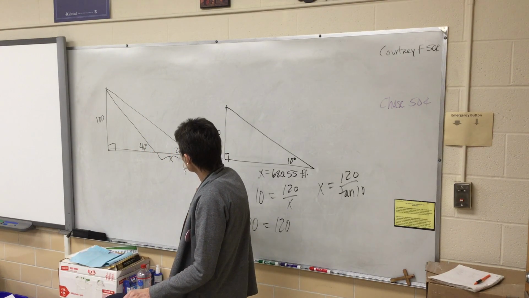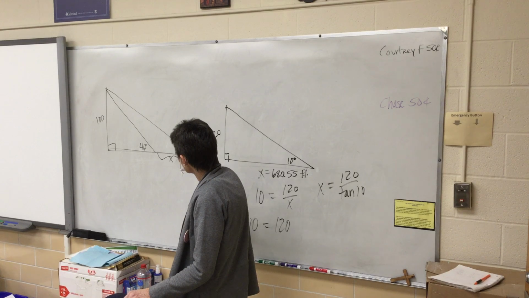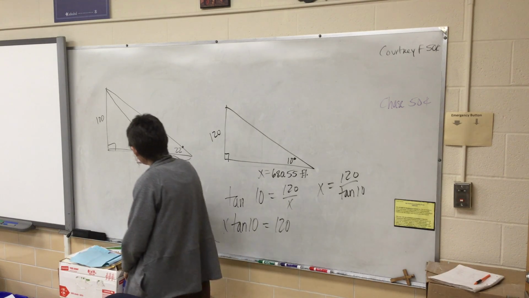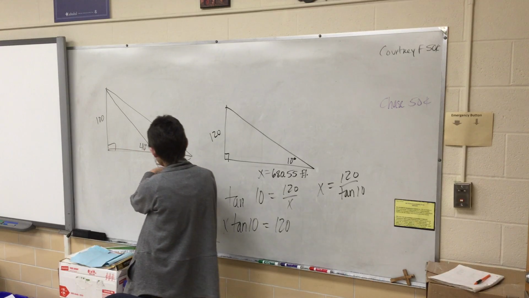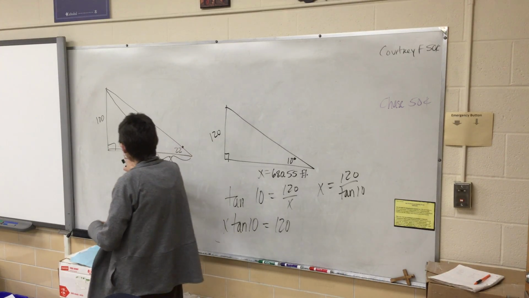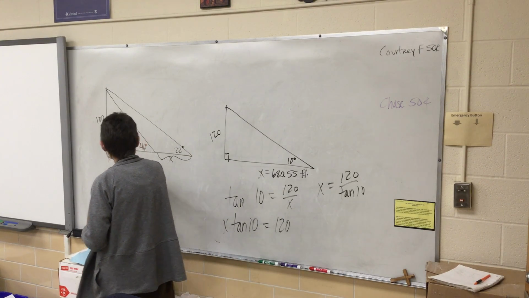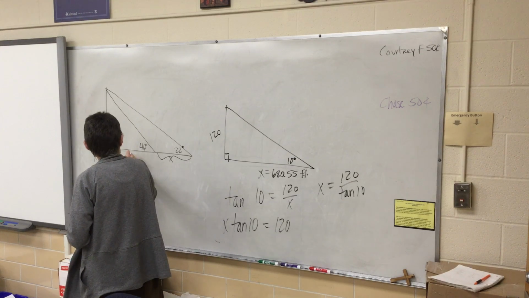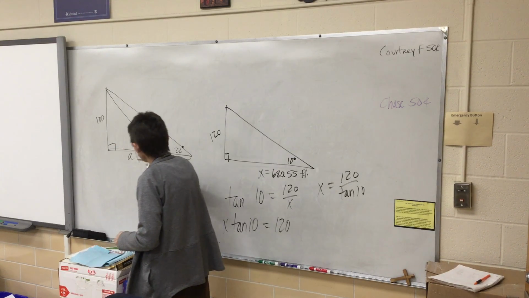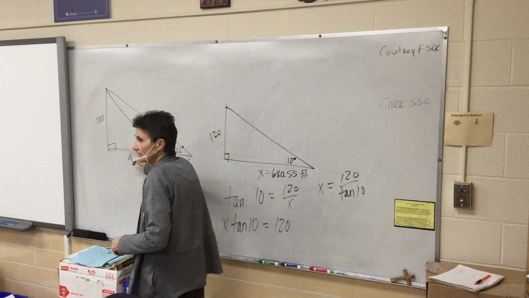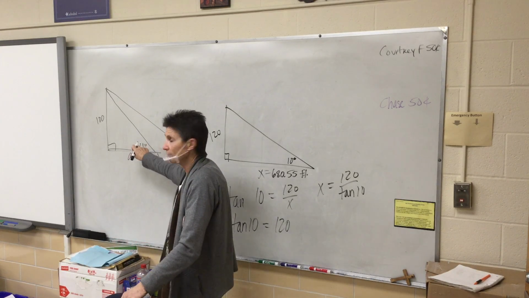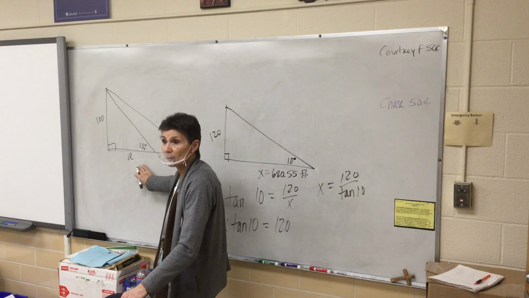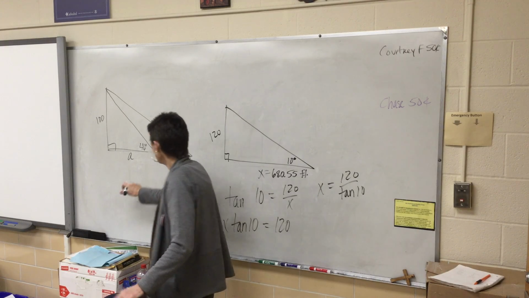So here's what I'm going to do. I already called that x. X is going to be my answer. Let's just call this A. That's this piece right here, in this right triangle. Can I write an equation for that triangle and figure out what A is? Okay, let's do it.